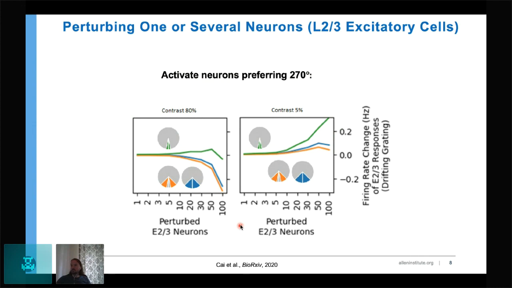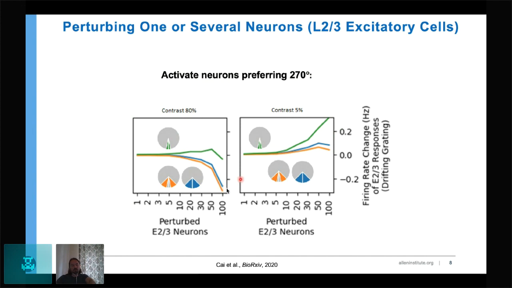And it turns out that for high contrasts, for strong stimulus, these similarly tuned neurons, their activity is suppressed. So that's efficient coding, right? If you have a lot of neurons that talk about the same thing, a few of them start talking, and then the rest can shut down and save their effort.